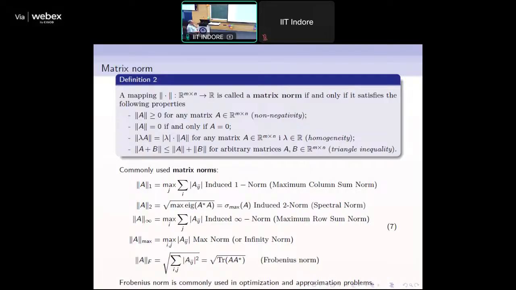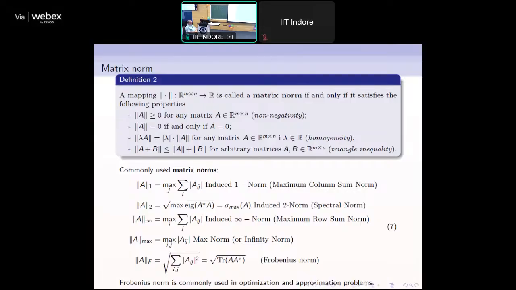Infinity norm, or maximum row sum norm. Frobenius norm, defined using the matrix trace. Matrix trace is the sum of the elements of the main diagonal.